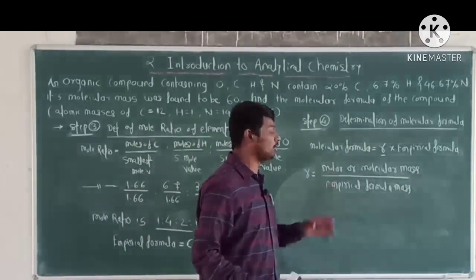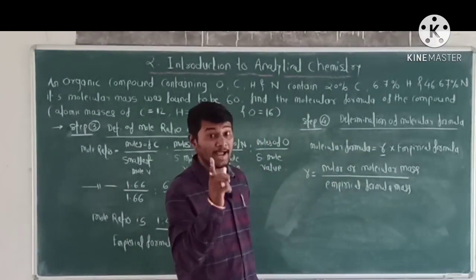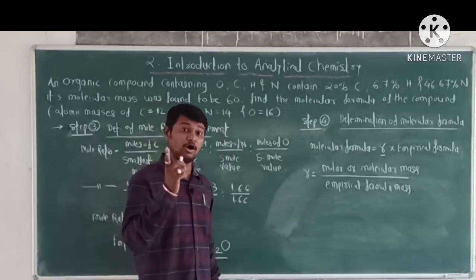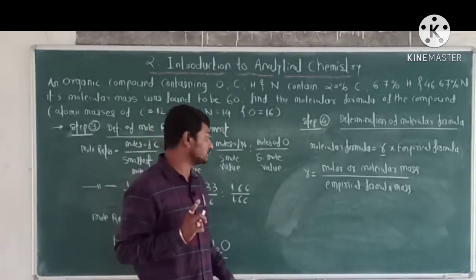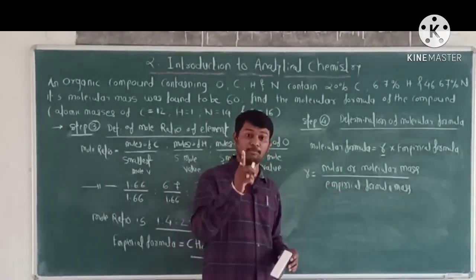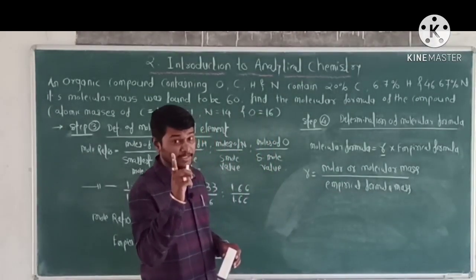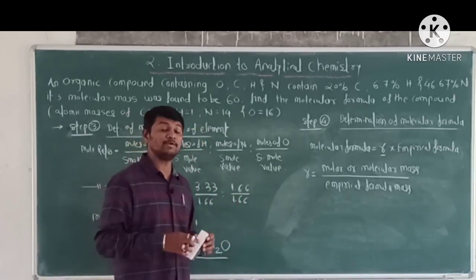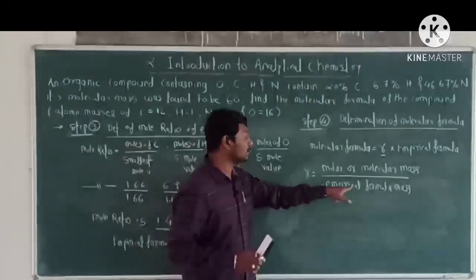The empirical formula mass is obtained by adding the atomic masses of all atoms of the elements present in the empirical formula.